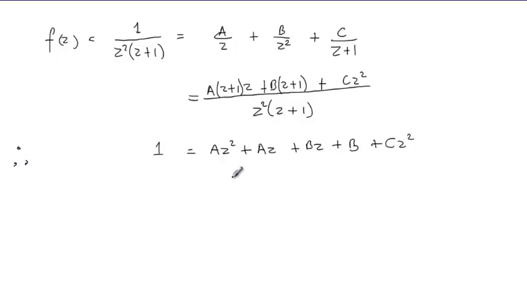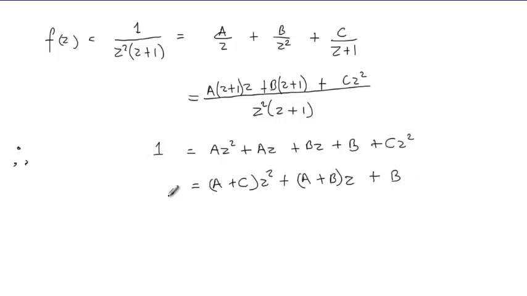Now, grouping, we have a plus c times z squared plus a plus b times z, plus b, an independent term.